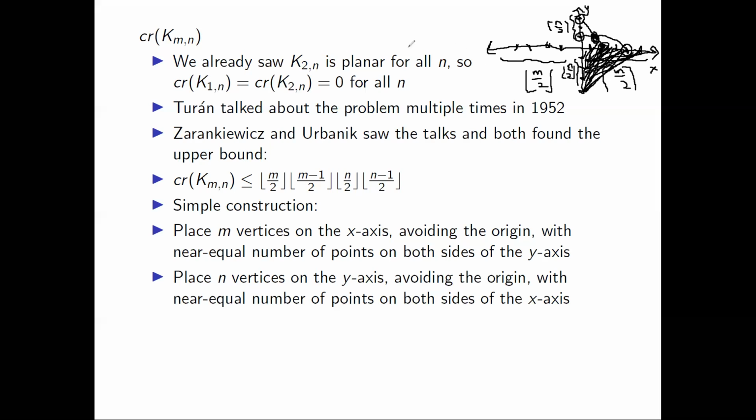So if we want to count the number of crossings between edges, we can just count the number of ways to choose these 2 points from the y-axis and the 2 points from the x-axis right here. So if we have, let's say, k equals the ceiling of n over 2, and j right here equals the ceiling of m over 2, then the number of ways that we can choose 2 points on that y-axis, we just have k choose 2 ways.